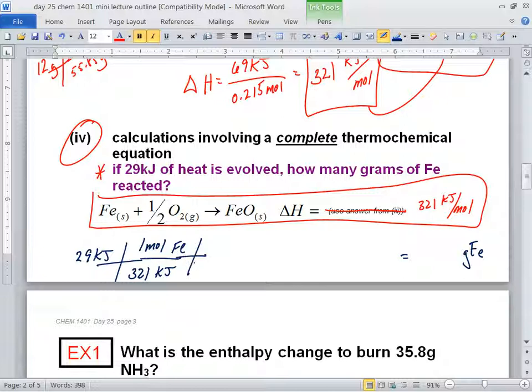And then we're back to our molar mass of iron, which we said was 55.85. Whoop, wrong way, right? In a mole of iron, you have 55.85 grams of iron.